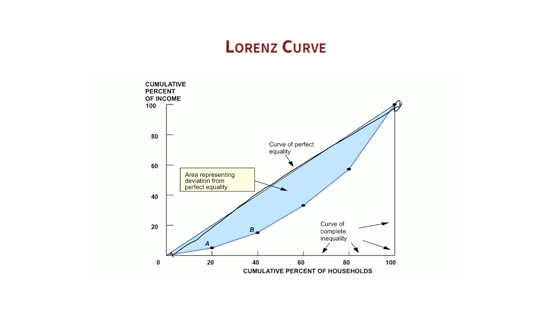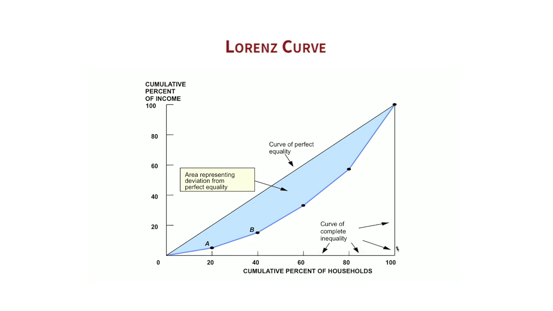Everybody gets the same share. 20% gets 20%, 40% gets 40%, 80% gets 80%, etc. That's perfect equality. At the other extreme is where it's perfectly unequal. In this case, if you went along this line, 60% would get nothing, 80% would get nothing, and 100% would get 100% up there at the top. And so that's completely unequal.